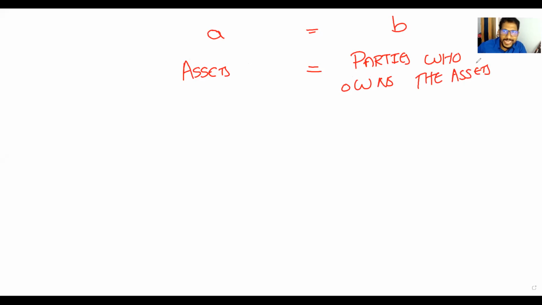It has two sides. Assets equals the parties who own those assets.